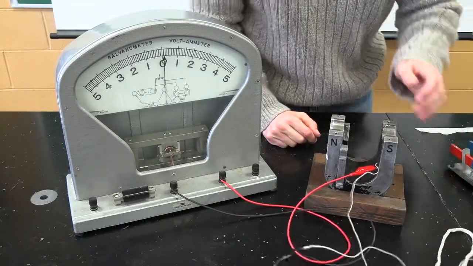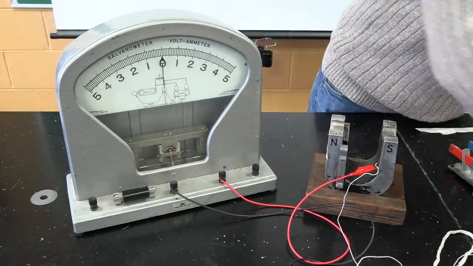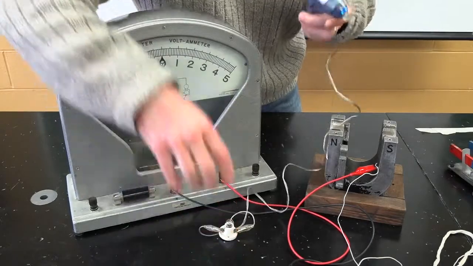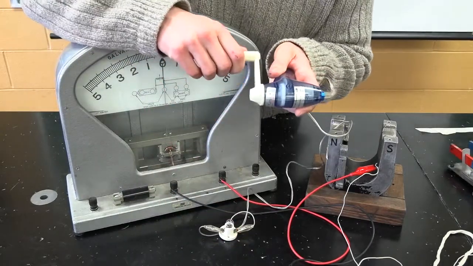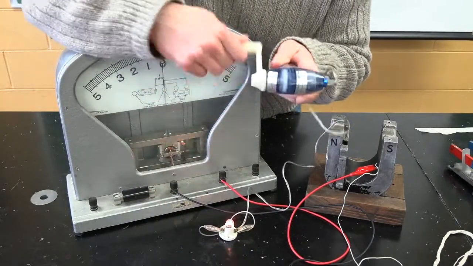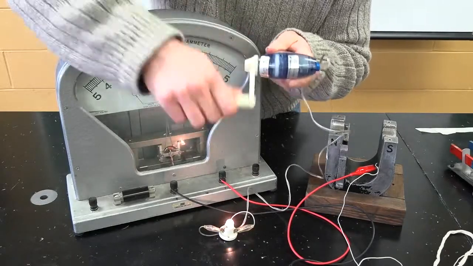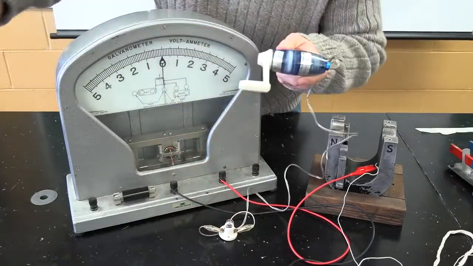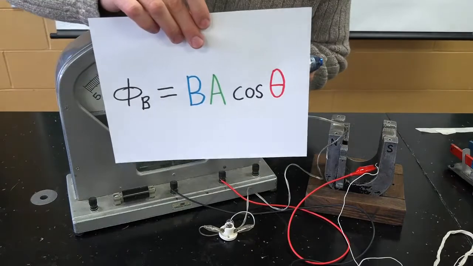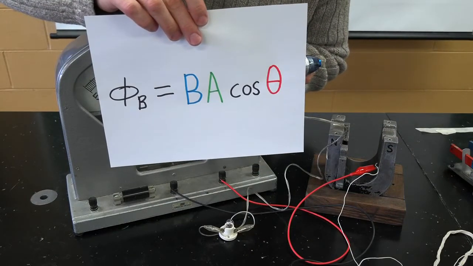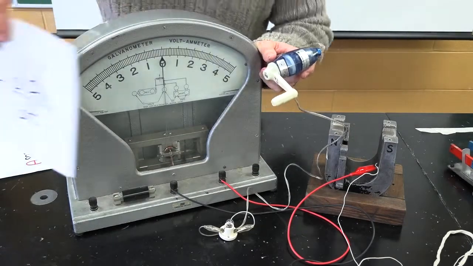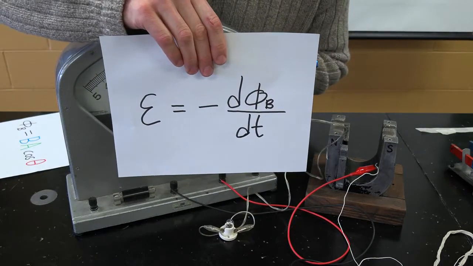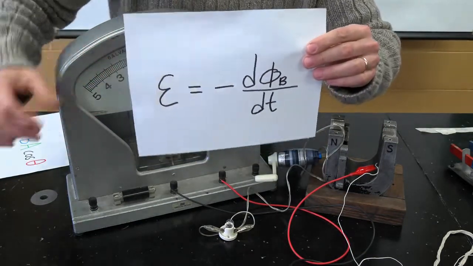And then if I did such a thing and I had brushes, what I could have is a little generator taking rotational motion, rotating a coil in a magnetic field, and then what I'm doing is changing the flux because theta is changing, and because the flux is changing, I'm getting voltage or EMF around the loop.